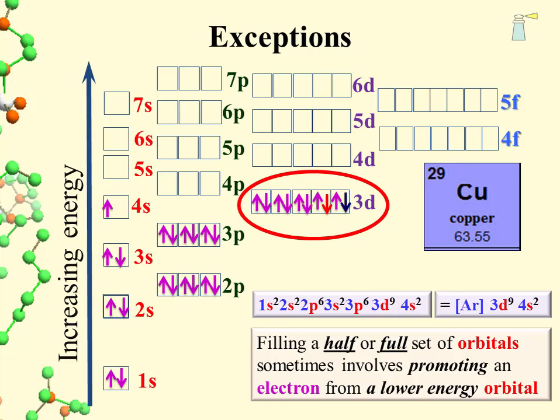Yes, there is now an unfilled 4s orbital, but it is half-filled, and the math says this is a more acceptable arrangement. There are some repairs we need to do to this EC. The 4s orbital is no longer 4s2. It is 4s1. And the 3d9 is now 3d10. That is an exception to the rule.